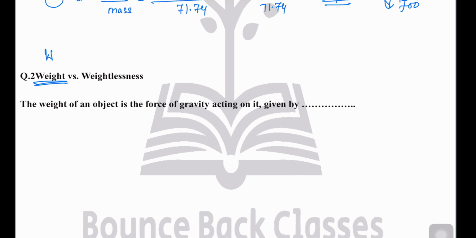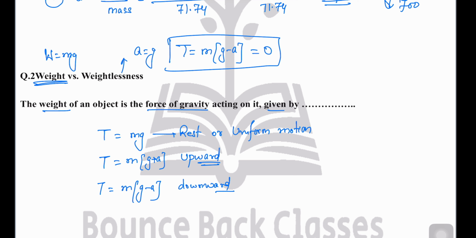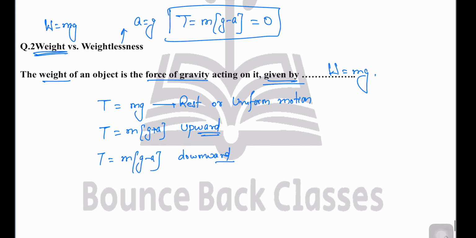If you remember, I gave you 3 equations for T. Mg for rest or uniform motion. Mg plus a, if the body is moving upward. Mg minus a, downward. Yes or no? Okay. The weight of an object is the force of gravity acting on it, given by W equals mg. Clear? Okay.